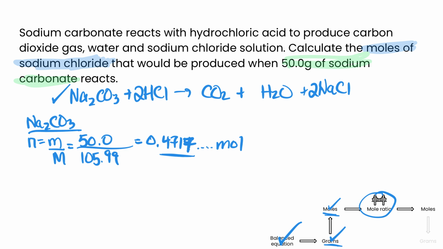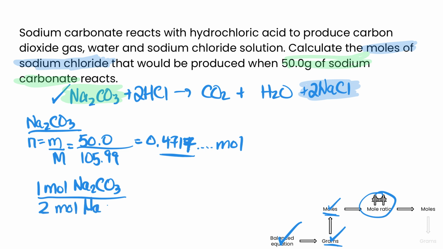Now we need to set up our mole ratio. So let's do that. Let's maybe highlight this, we're looking for moles of sodium chloride. So we're looking for that one there. And we're given our sodium carbonate here. Okay, so now on the left side, we're going to set up our mole ratio with what we know from our balanced chemical equation. So 1 mole of sodium carbonate reacts to give 2 moles of sodium chloride.